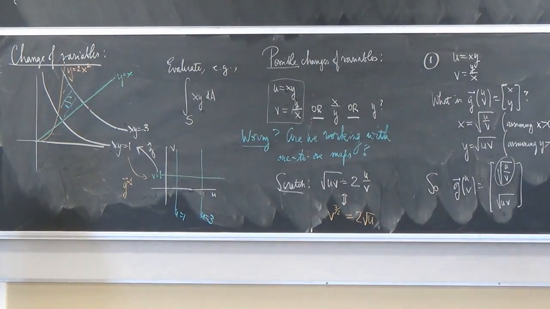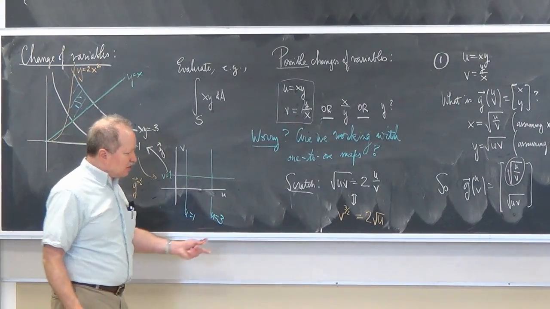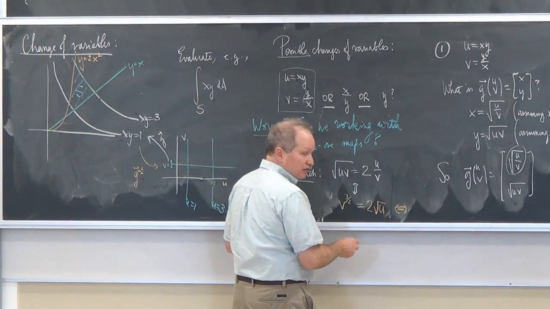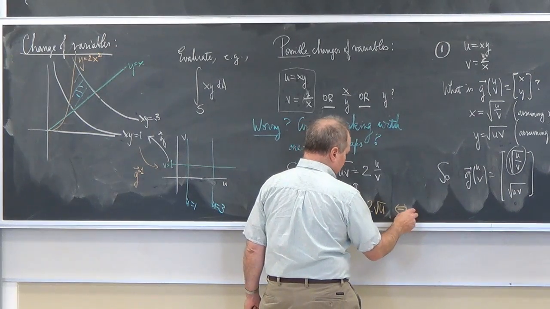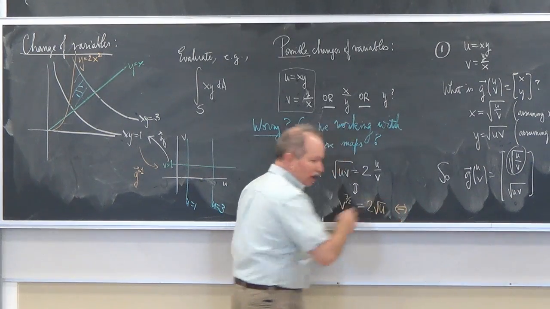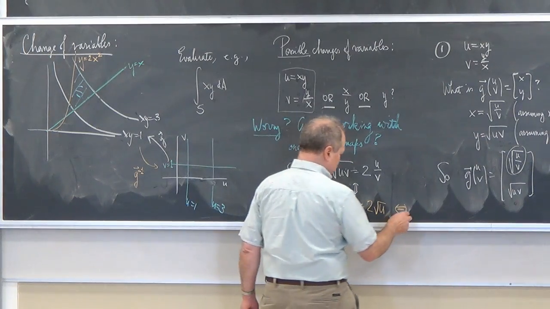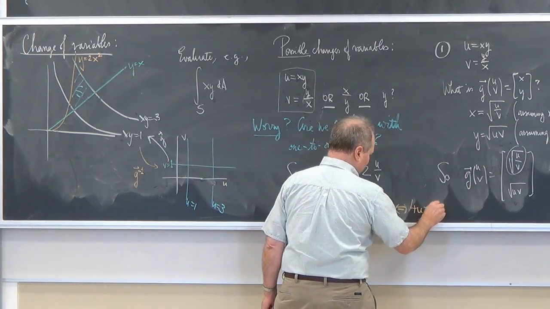Okay, so if I want to work with that curve in a nice way, what should I do? Square both sides, right? Assuming everybody's positive still, I get v cubed equals 4u.